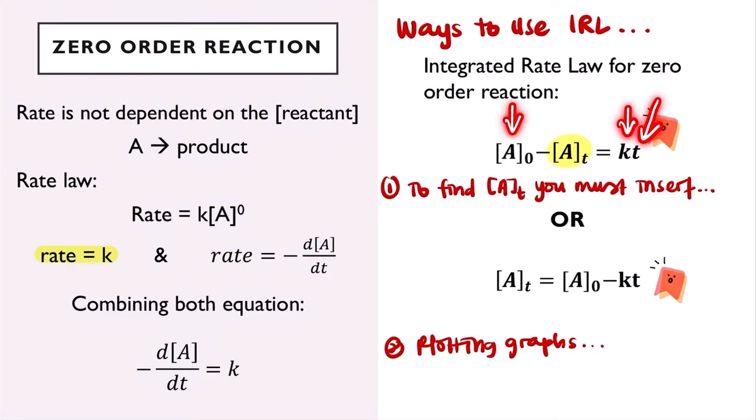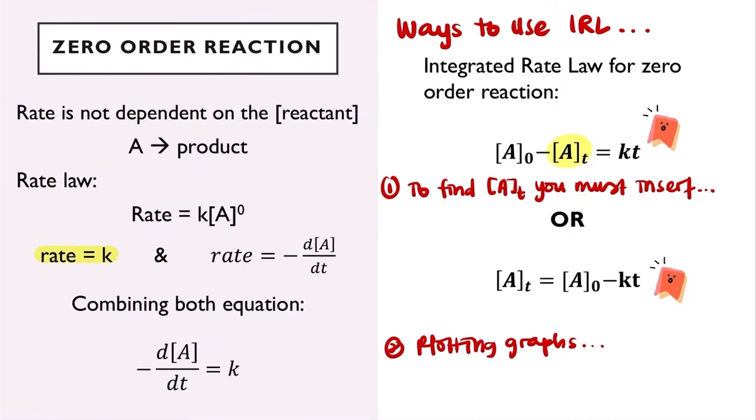So make sure they are all in your correct units, dia tally, and then you just do mathematics where you transfer this to the right and this to the left, something like that, and you will get your concentration at time t, okay.